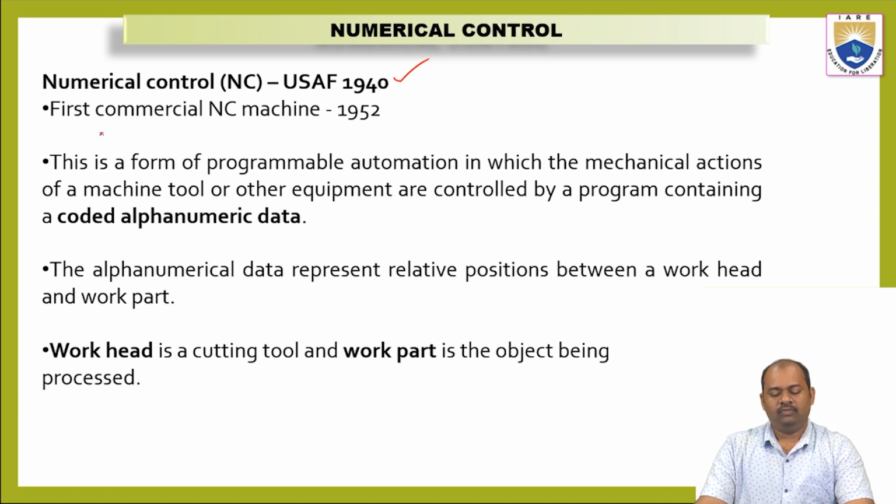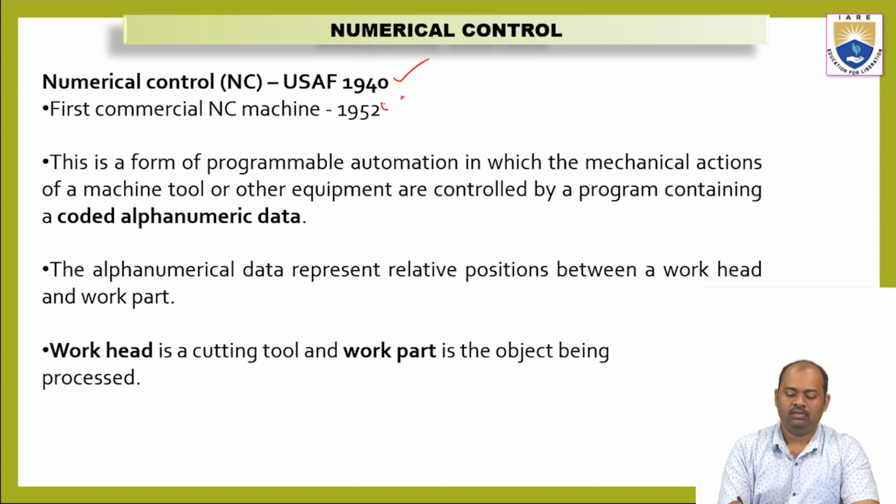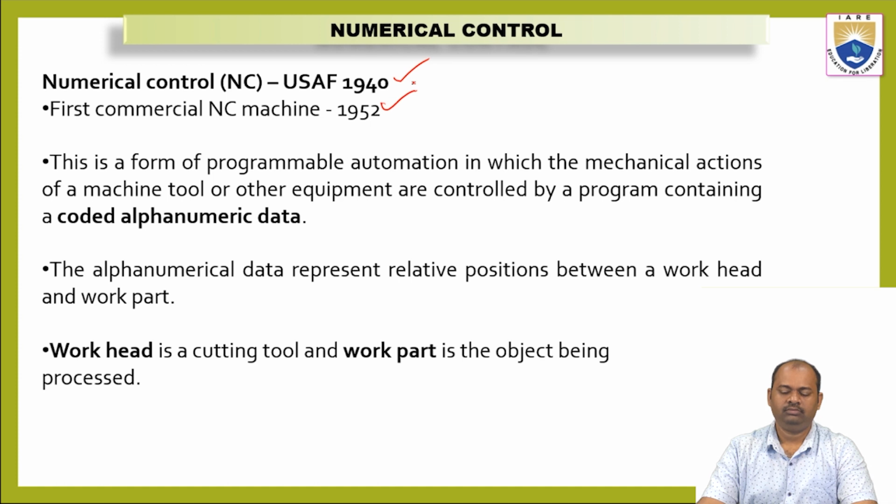And then the first commercial numerical control machine was developed in 1952. After the World War was over, this numerical controlling technology was commercially used for manufacturing processes in the year 1952.